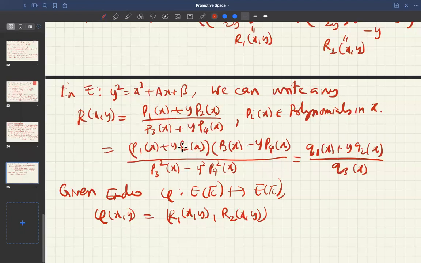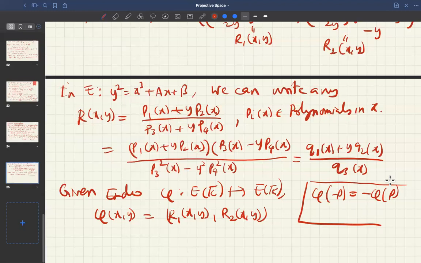Since phi is an endomorphism, phi of minus P is going to be minus of phi of P. So this is what we have.